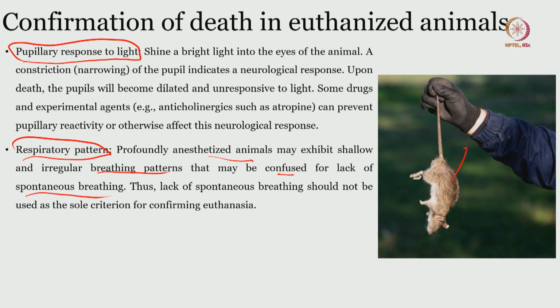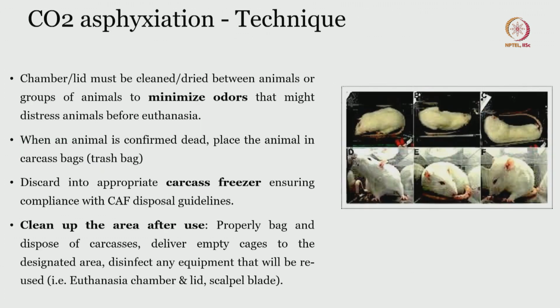If you just look at the respiratory pattern, which is really shallow, you may even miss that the rat is still alive, because with shallow breathing, you may not really appreciate the thoracic and abdominal movements that are happening. So, that is another caveat if you just depend on the respiratory pattern. That is the reason why you end up using multiple signs, alright, to confirm the death.